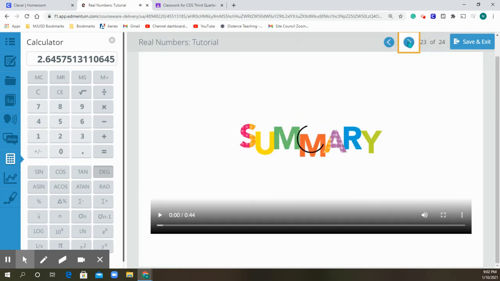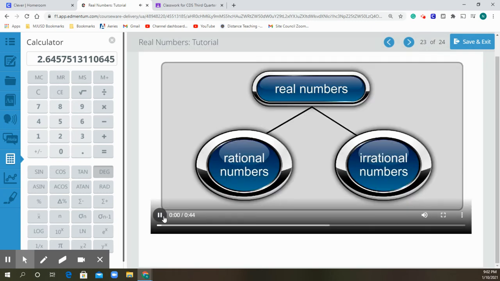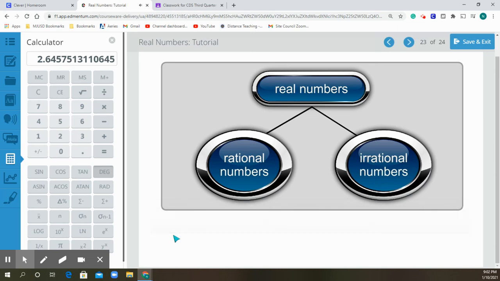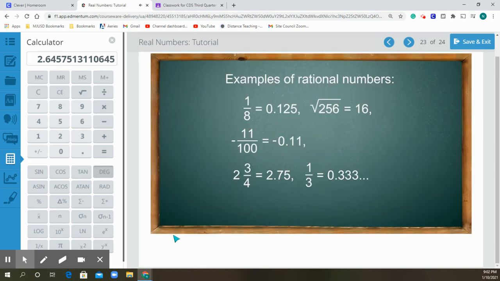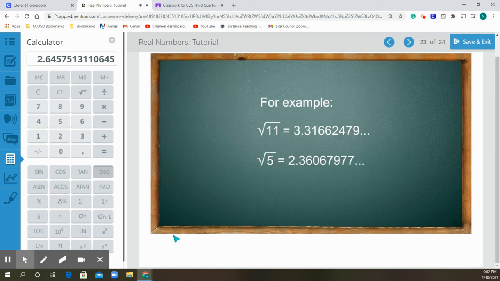We can classify real numbers as rational numbers or irrational numbers. Rational numbers are numbers in the form a over b, where a and b are integers and b does not equal 0. We can express all rational numbers as terminating or repeating decimal numbers.